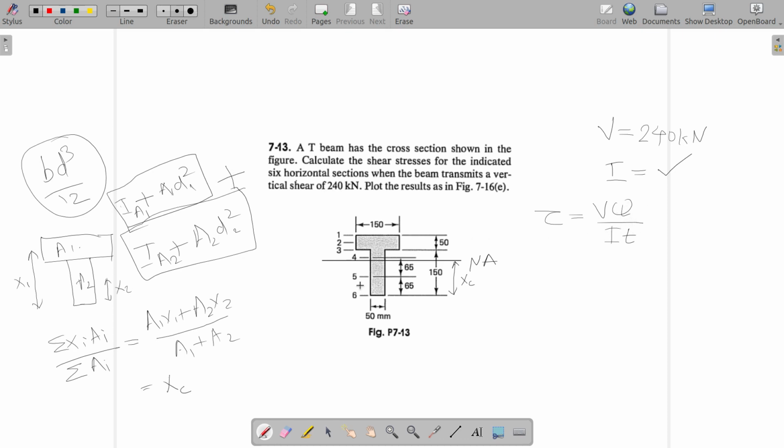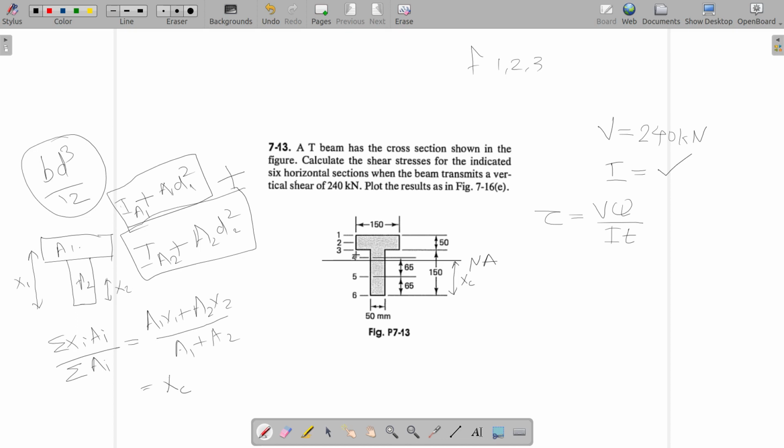Now t has values for 1, 2 and 3. For 1, 2 and 3, t is nothing but the breadth.